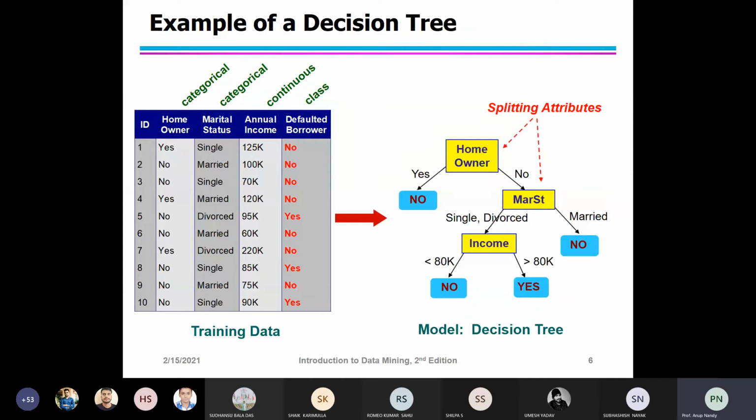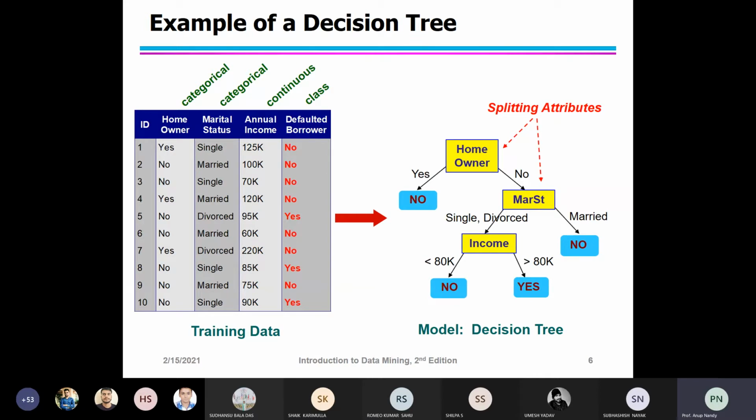Now in the decision tree that has been shown in this PPT, each leaf node is assigned to a class label. As you can see, this class label is no, yes.